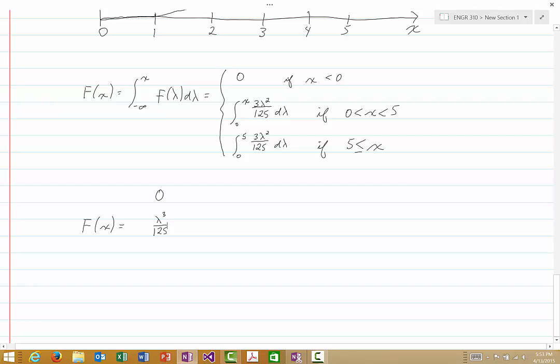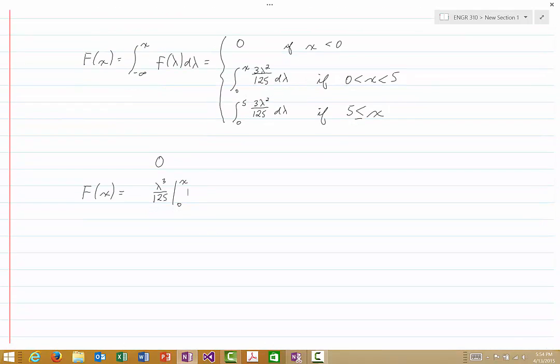So we get lambda cubed over 125 from 0 to x. And for the bottom one, when we integrate, we'll get lambda cubed over 125 as well, but the limits will be 0 and 5.